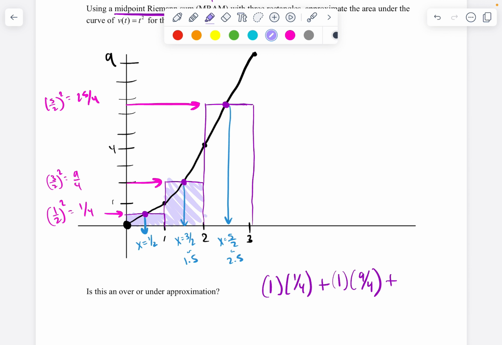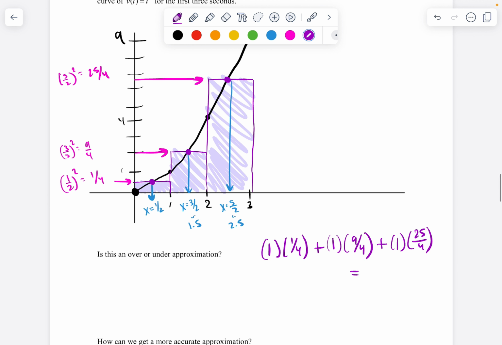And the third rectangle is 1 wide and 25/4 high, right? Which gives me 35/4, which is 8.75.